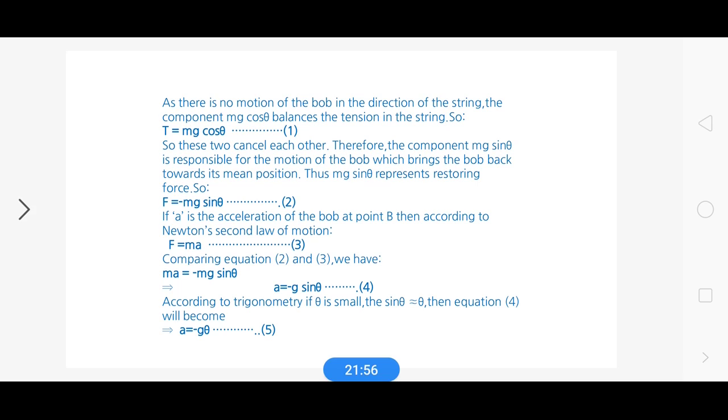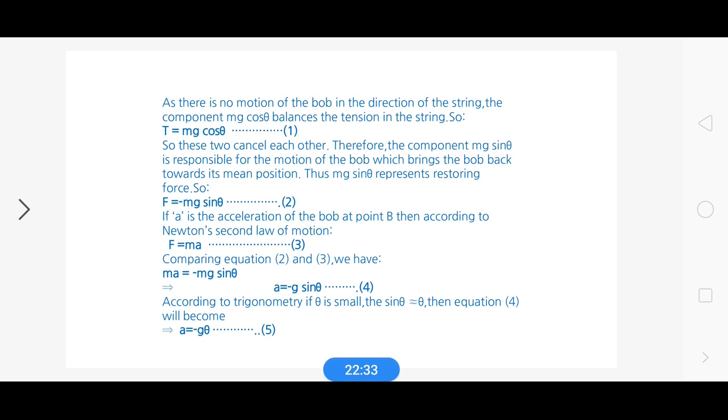Means this will be like the restoring force. mg sin theta acts like restoring force, the force which brings the body to its original position. So, F, the restoring force, is equal to mg sin theta. It is always opposite to the motion of the body. So, that's why it is minus mg sin theta.